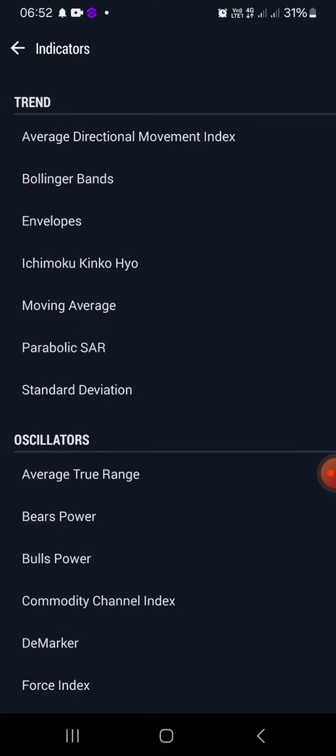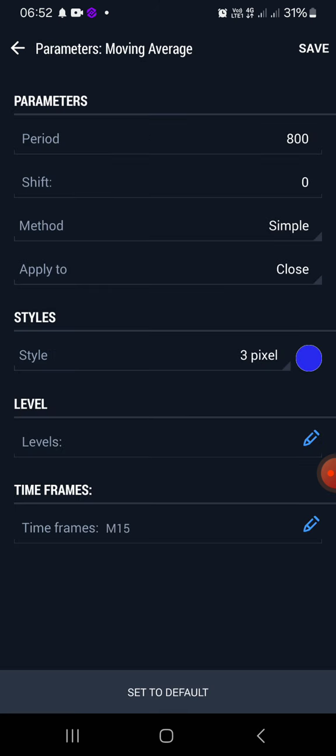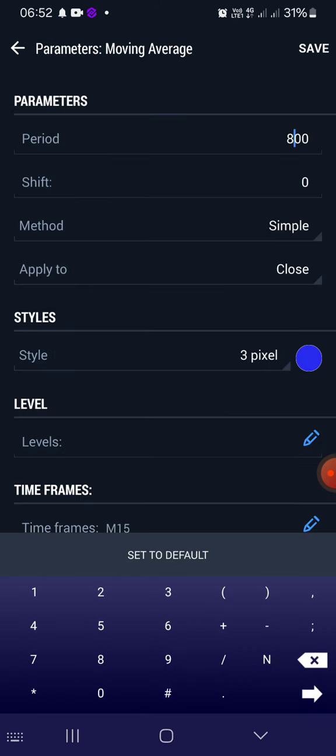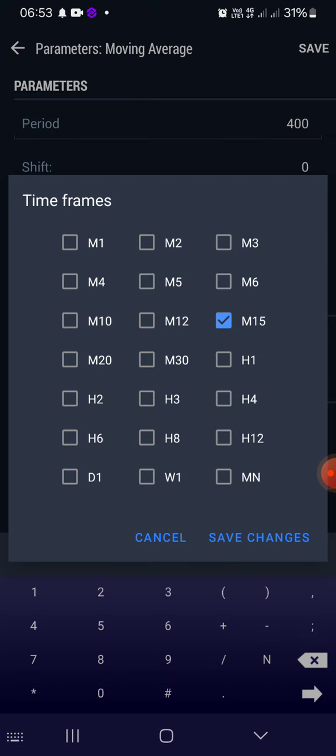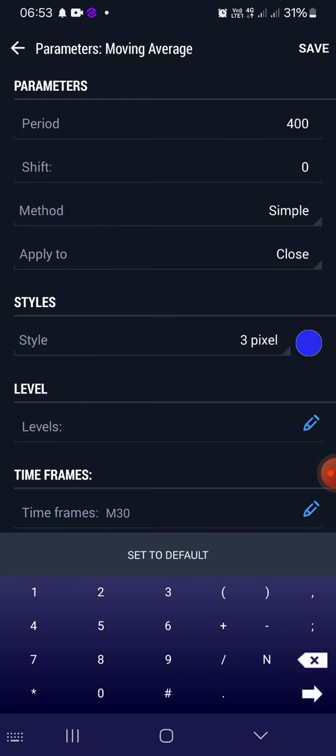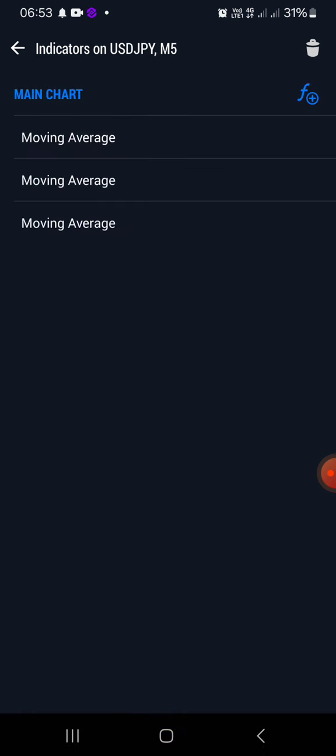For 30 minutes, I am going into 400. So that's my next time frame. I'm keeping the color the same so that I can see what I need to look out for, and also save this.